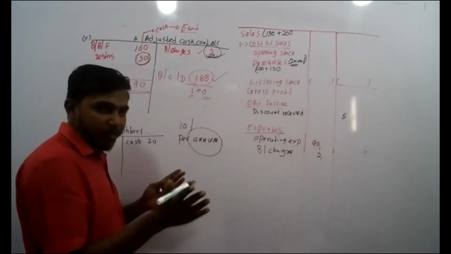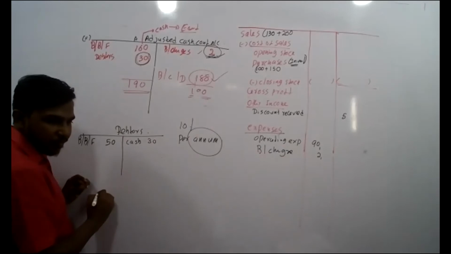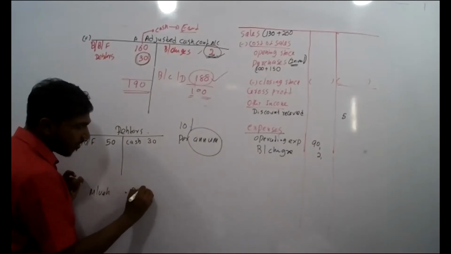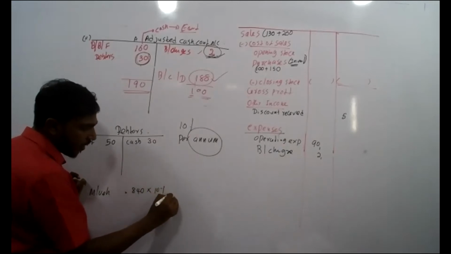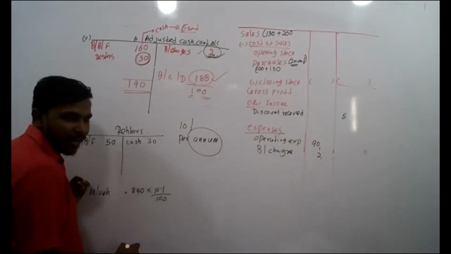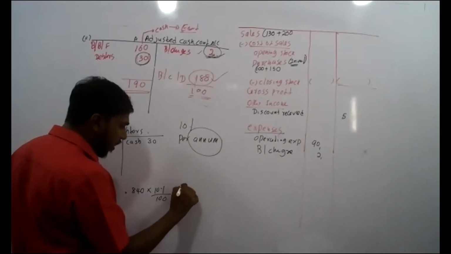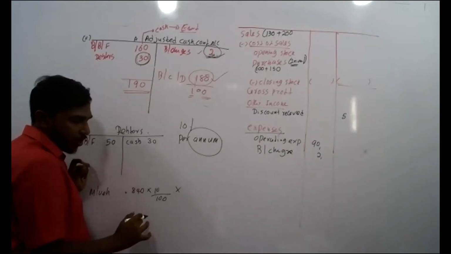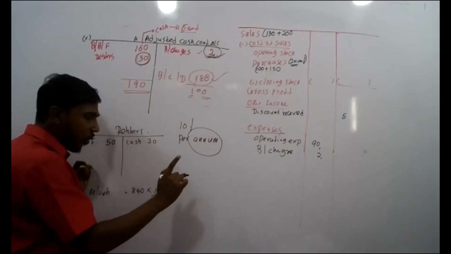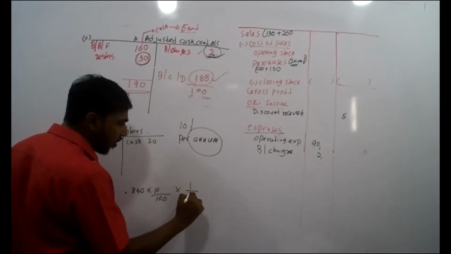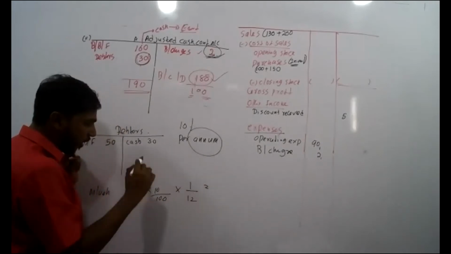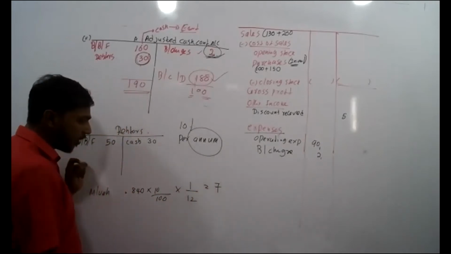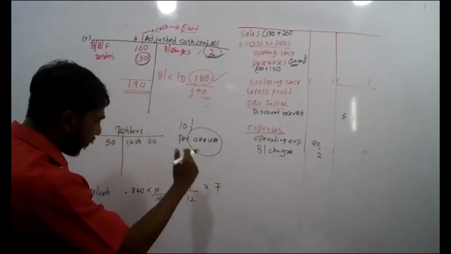We'll see property, plant and equipment. We have motor vehicles. Motor vehicles, how much is it? 840 into 10%. This is annual. Take the calculator and do the calculation. This is 10%, annual depreciation. You have to convert this to monthly depreciation, so 1 over 12. So you will get 7, am I correct? 84, 7.